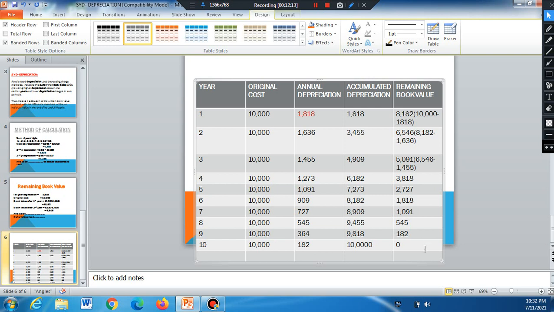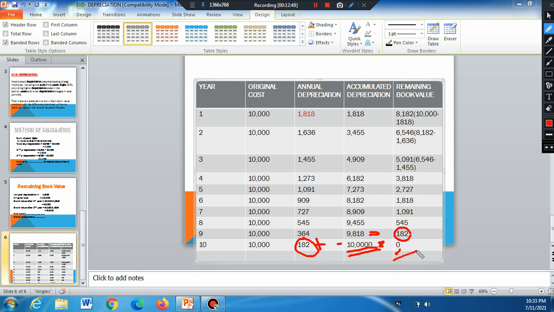Accumulated depreciation 9812. Okay, just see here. The previous year depreciation was this 9812, and added to 182, that is giving you 10,000. That means your accumulated depreciation after 10 years would be 10,000. Okay, and what will be the remaining book value? Your 182 minus 182 giving you 0.